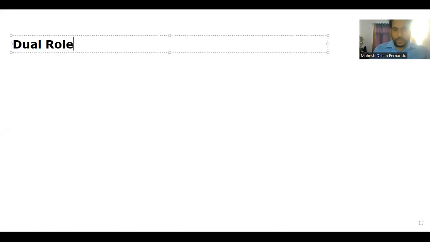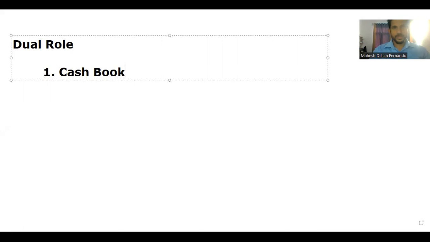Out of the prime entry books that we discussed in the O-level syllabus, the cash book has a dual role. It means the cash book acts as a prime entry book as well as a ledger account.